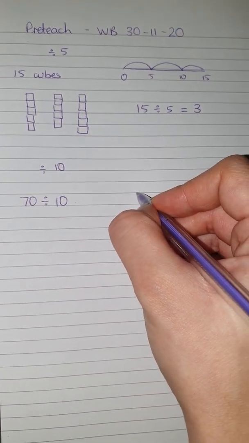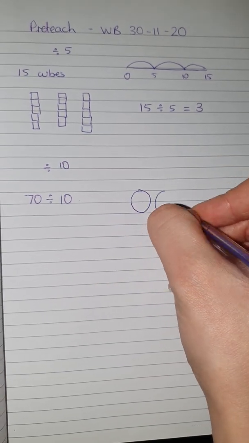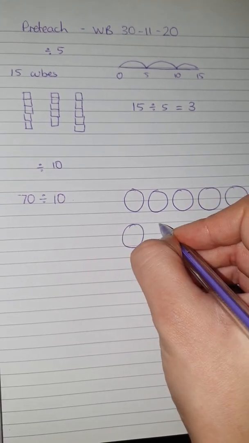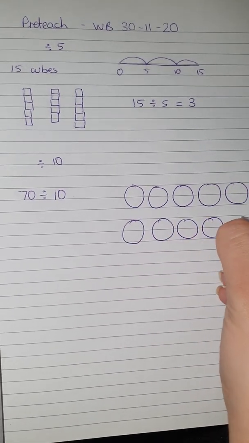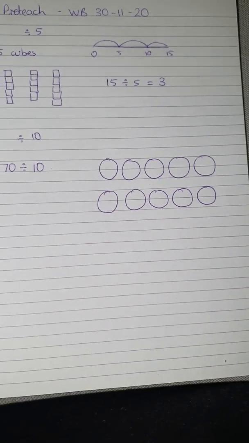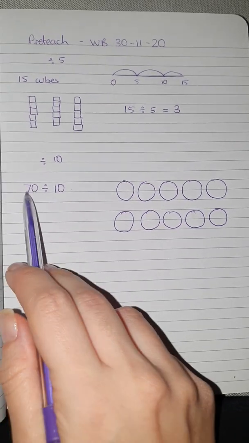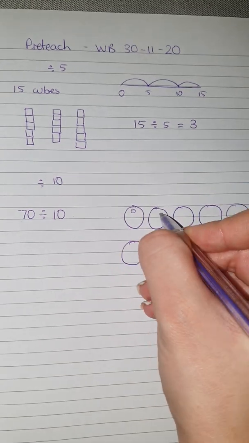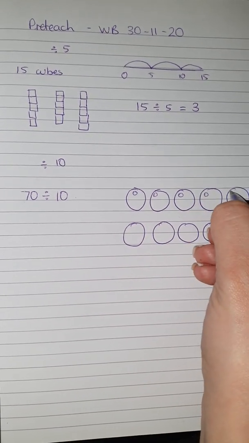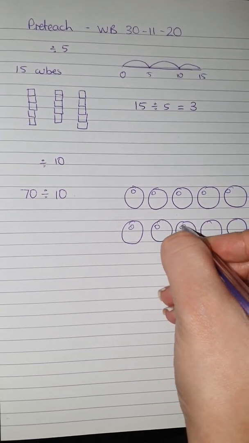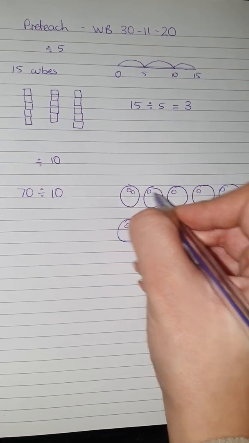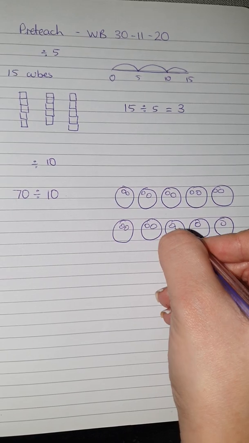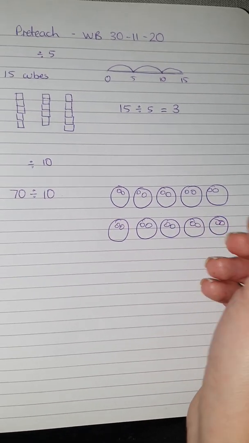Let's try and see. 1, 2, 3, 4, 5, 6, 7, 8, 9, 10. I've got my 10 equal groups. I'm going to start sharing 70 in between those 10 equal groups. 1, 2, 3, 4, 5, 6, 7, 8, 9, 10, 11, 12, and so on.